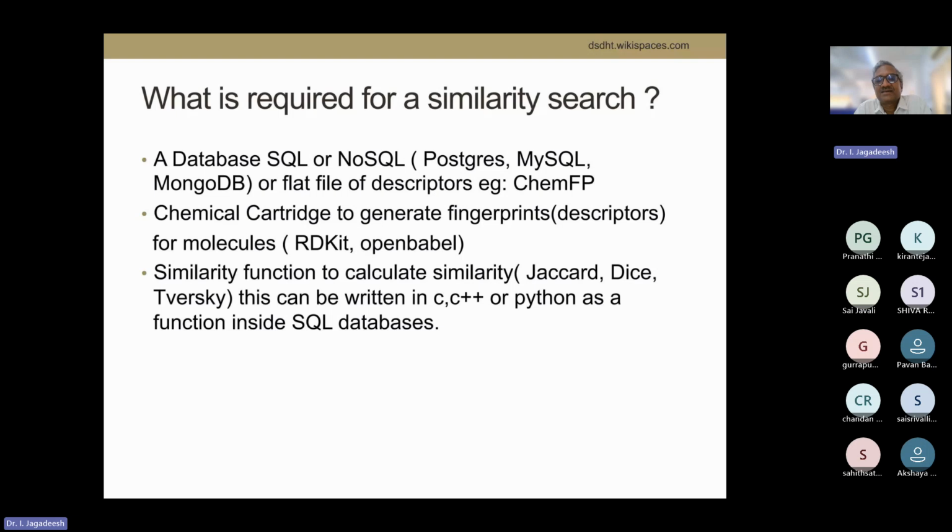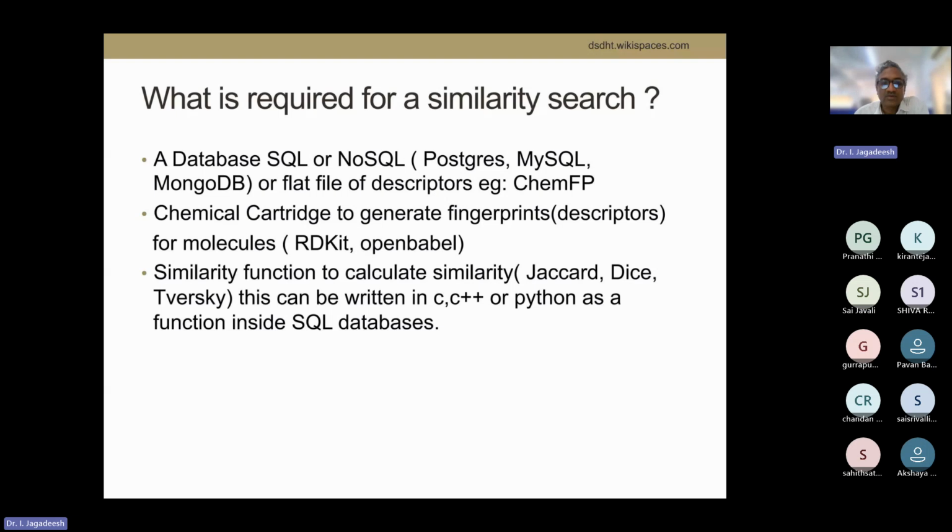We can generate the descriptors with this software. To calculate the similarity, we have similarity functions in software like Tanimoto, Dice, Tversky. This can be written in multiple frameworks, in Python also, C++ and C.